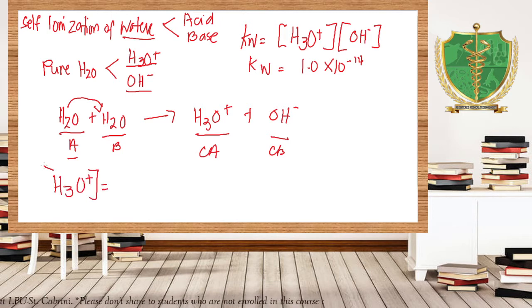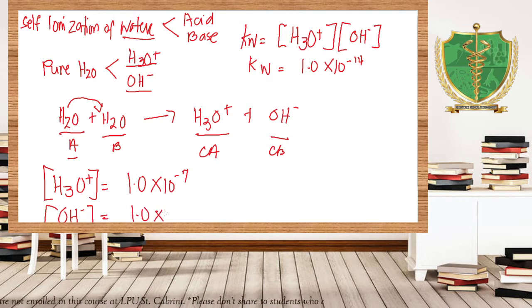Simply, hydronium ion is equal to 1.0 times 10 raised to negative 7, and hydroxide ion is equal to 1.0 times 10 raised to negative 7. This is exactly the same reason why water has a pH of 7.